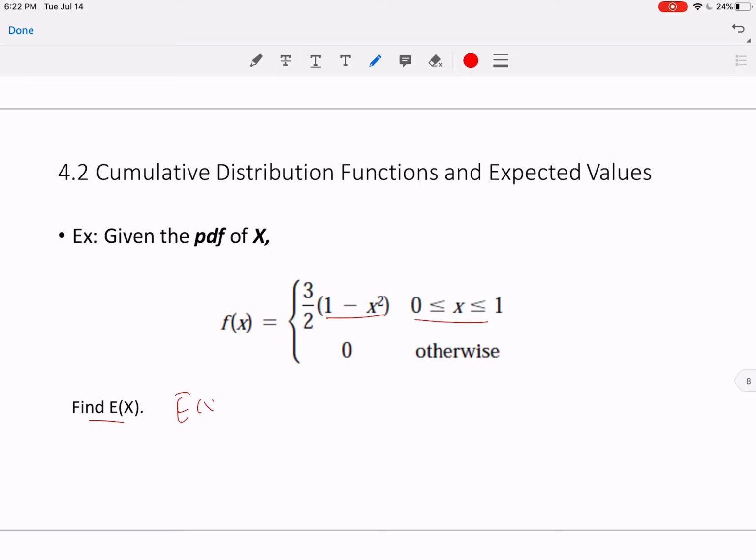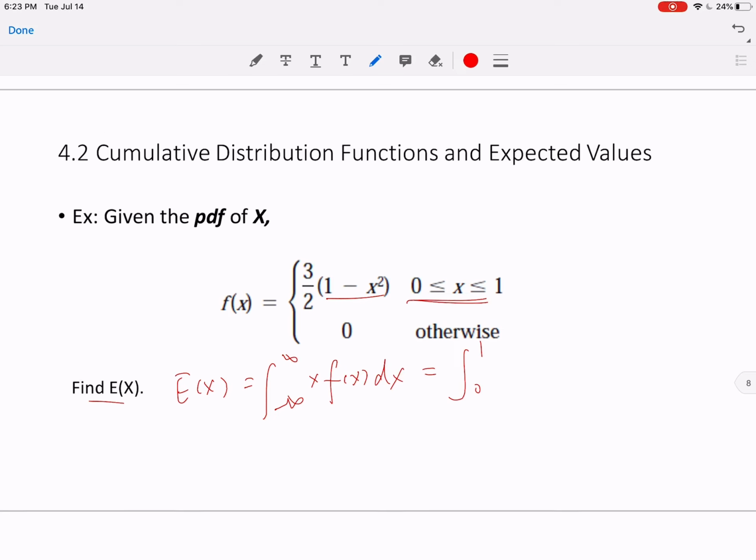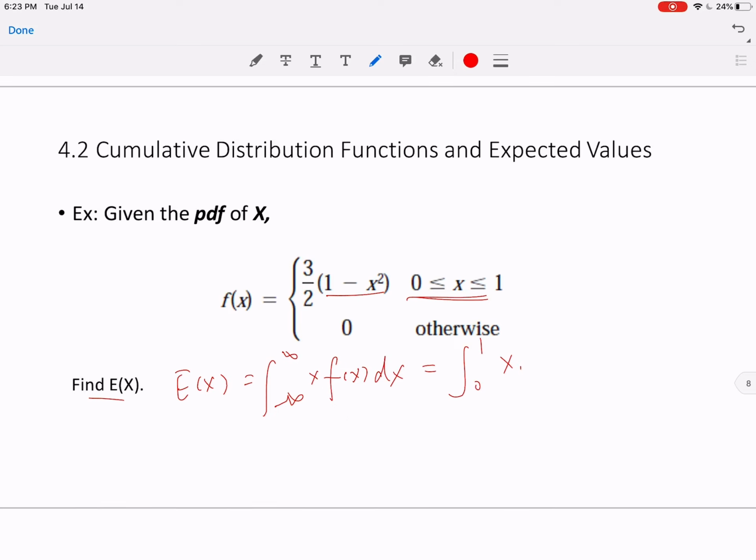If we want to find the expected value given the PDF, in general, we do negative infinity to positive infinity, x f of x dx. Specifically, the interval of x values over here is from 0 to 1, and then x times f of x is here. We bring it back into the integration here. That would be 3 over 2, 1 minus x squared dx.